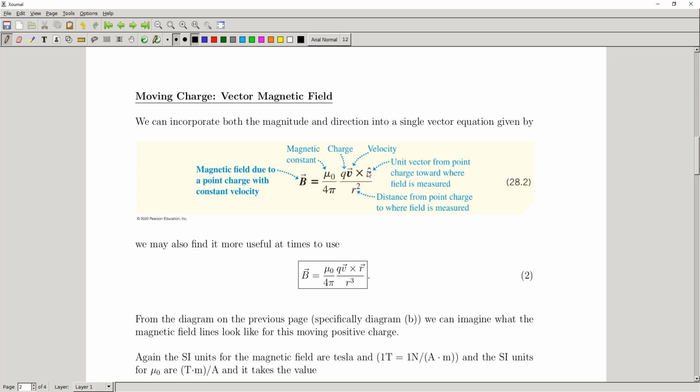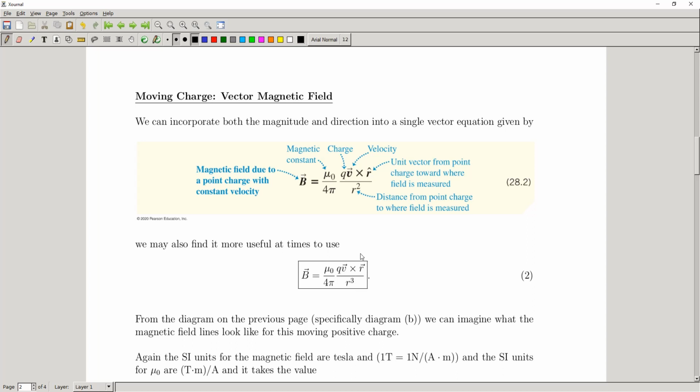Sometimes, like in the case of the electric field, we might find it more useful to write this r hat in terms of just the r vector, so we don't have to pull out the unit vector nature of it. Let's say we know what r is. We don't want to have to find r hat, it's basically an extra step. We can easily find the magnitude of r, but then we don't have to find r hat.